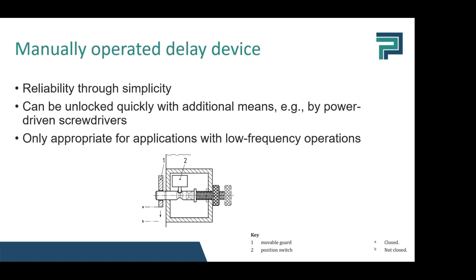For example, if it takes me 8 seconds to open the guard with a screw, and it takes me 2 seconds to walk to the conveyor, and the system response time is that the hazardous movement is stopped after 10 seconds, this can be used, but it's only appropriate for applications with very low frequency, for example, more than a year. So not for daily used guards.